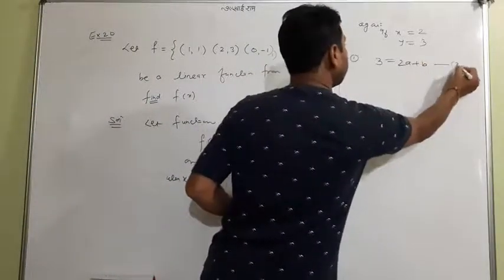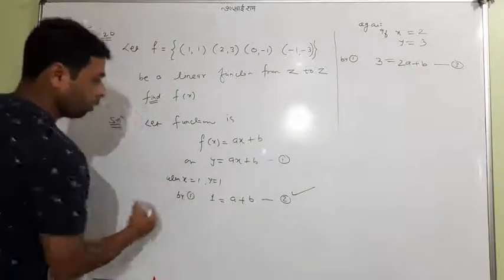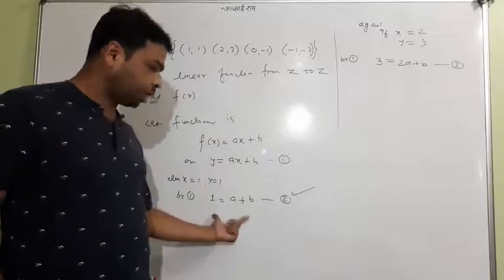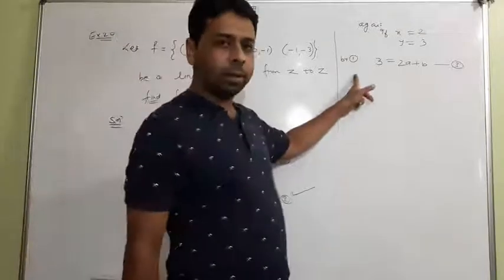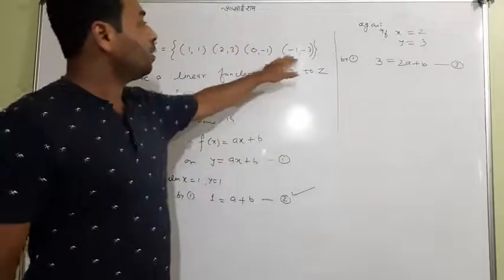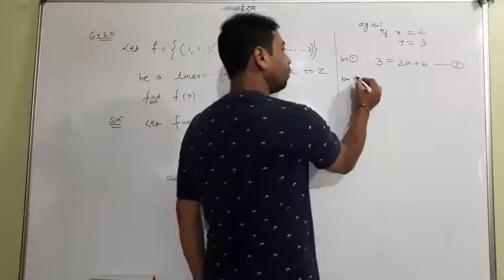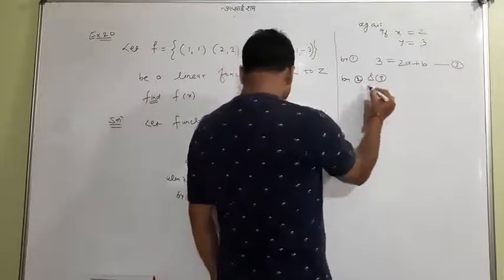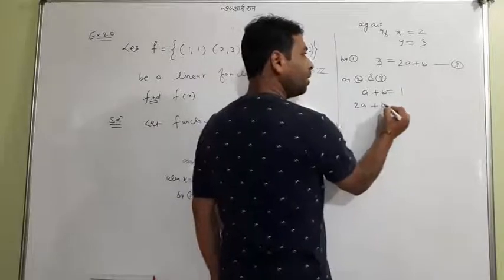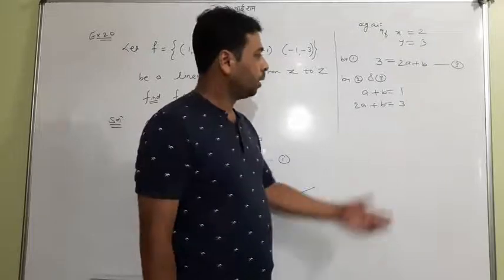So you have got these two equations: by the first option you got this equation, and by the second condition you got this particular equation. I'm leaving the other two because I only need two equations. So I'm just taking the second and third one below the other, and this is nothing but a pair of linear equations.